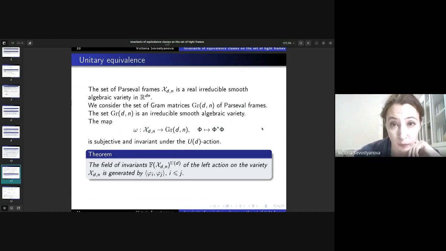So consider the action. One can see that this action is surjective and is invariant under the action of the unitary group. So we have the theorem that the field of invariants is generated by scalar products.